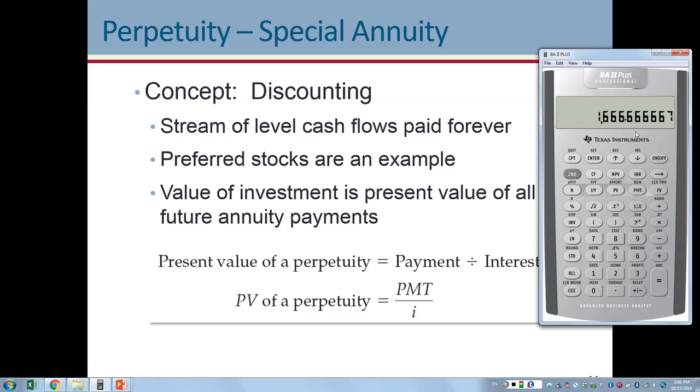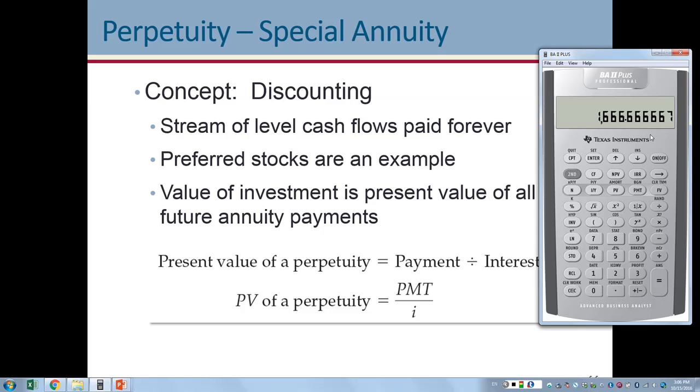Well, the perpetuity is worth $1,666.67. In other words, if we pay $1,666.67 today, we can receive $100 every year forever. Now it sounds like a great deal. I mean, $1,700, we're going to receive more than that. We're going to live more than 17 years.